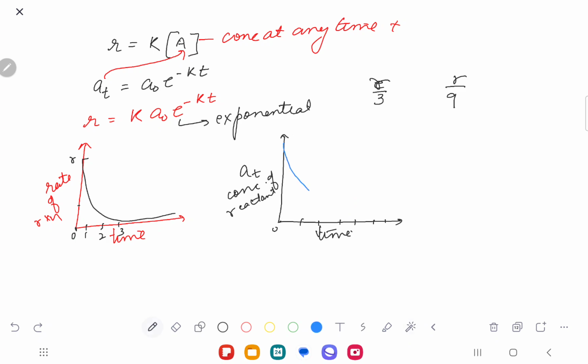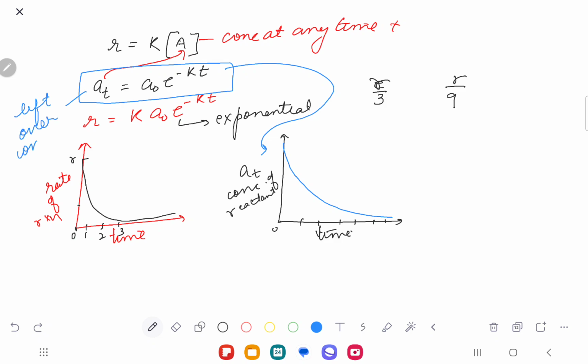So this graph decreases like this again, because I'm drawing it according to this equation, which tells me what the leftover concentration would be after time t, isn't it? I hope you're understanding.